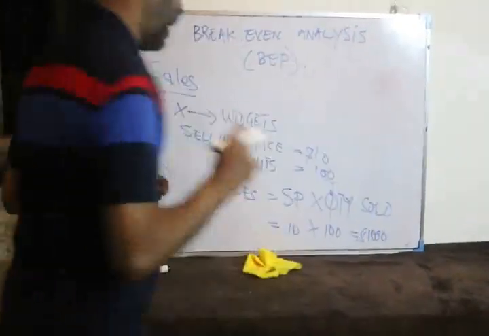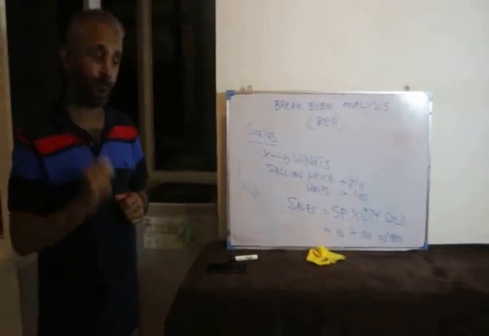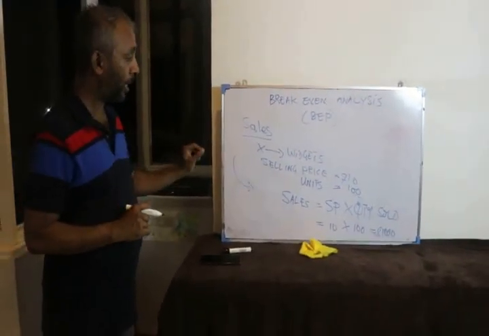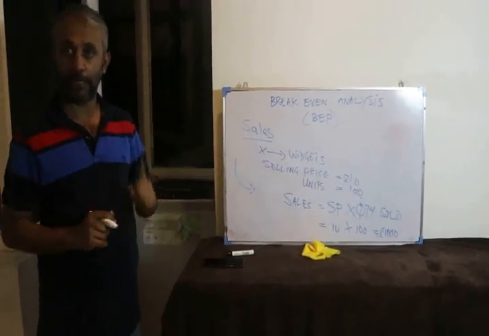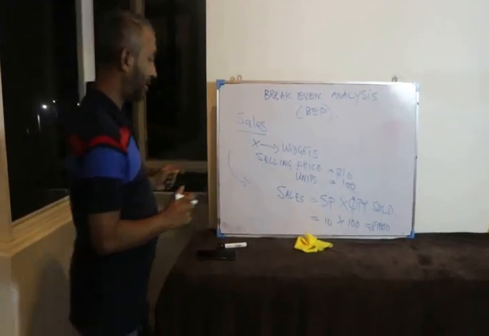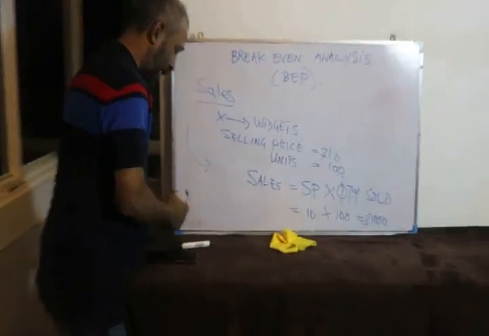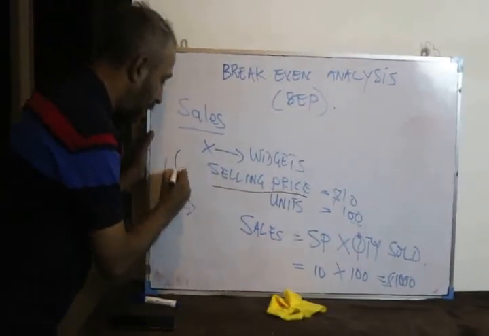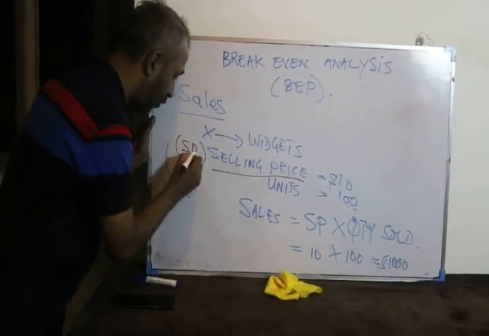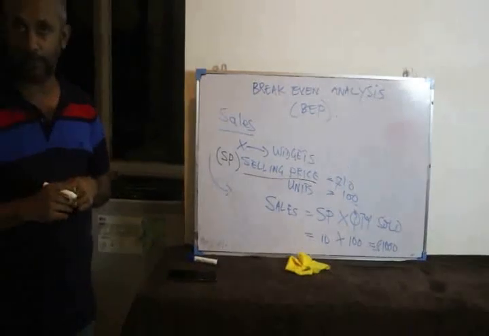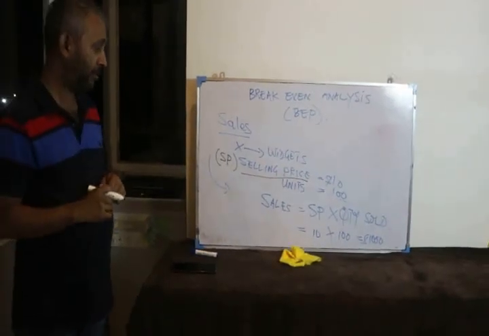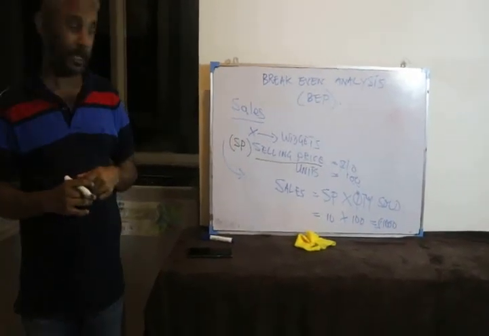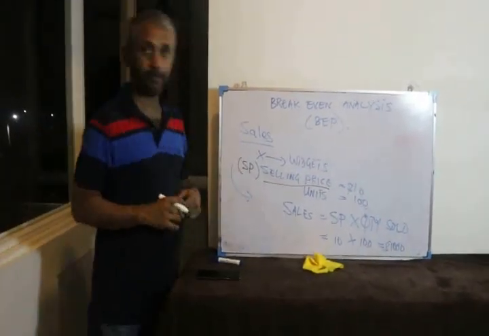Now we need to clearly understand two aspects here. One, if you are talking about sales per one unit, a single unit, then we refer to that as selling price. In many of the textbooks, they use the short form SP, selling price. On the other hand, if we want to talk about the revenue for a collective number of units, then we call it sales.